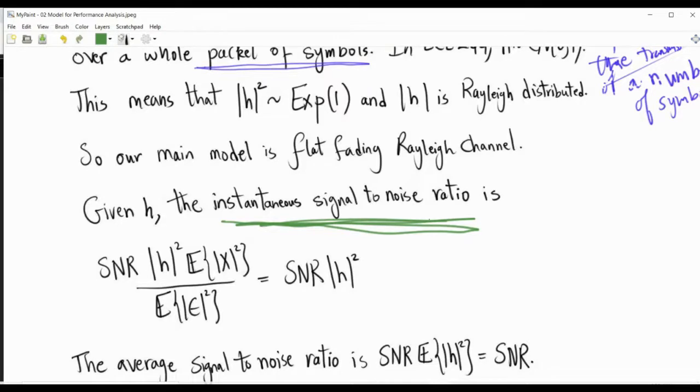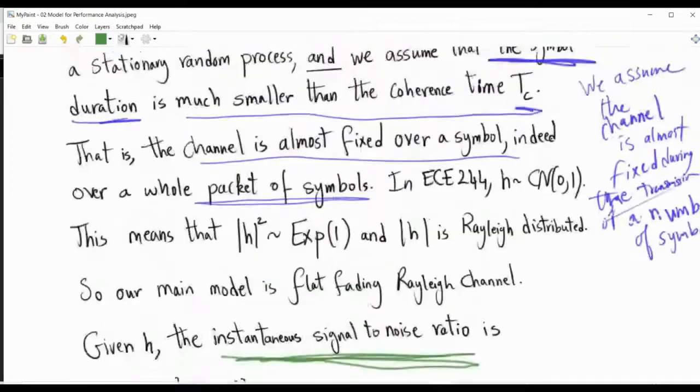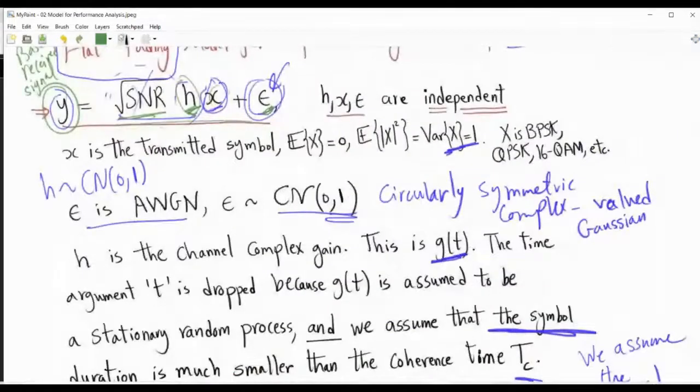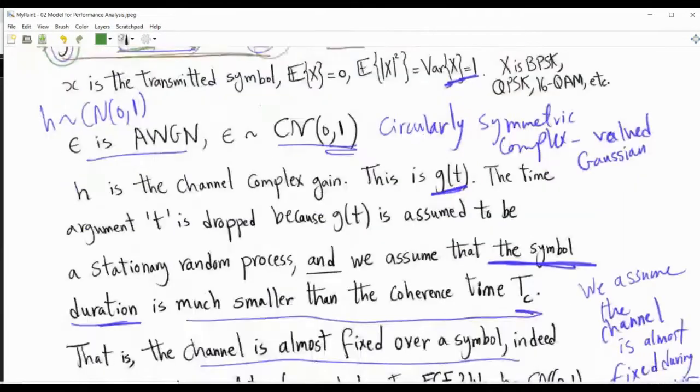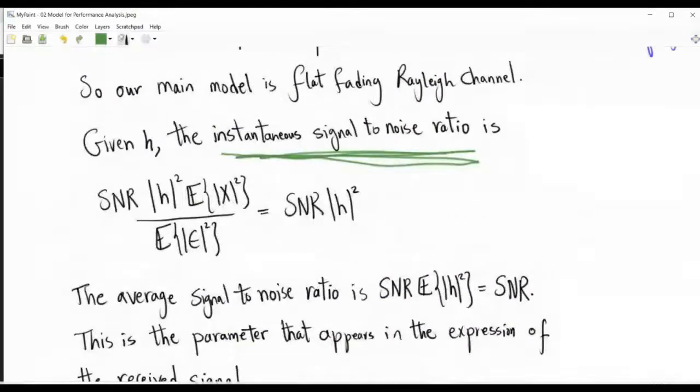In the instantaneous signal to noise ratio, we do not deal with H as a random variable. We deal with it as just a constant that is there. We deal with X as a random variable, and epsilon as a random variable, but not H. So for the signal to noise ratio, you go to the signal component, take its magnitude squared, and to the noise component, take its magnitude squared, and you compute the ratio. Let me copy from above: we have HX plus epsilon.